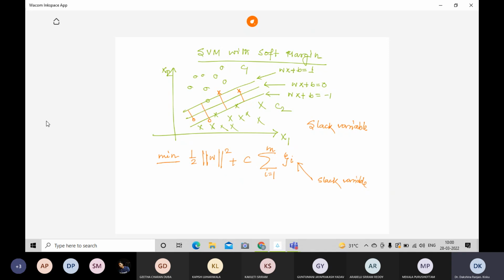Now we are adding this slack variable for the misclassified examples, and we obtain the primal optimization problem as half of w square plus C into summation over chi i. Here chi i is the slack variable. What is C? C is known as the regularization parameter.